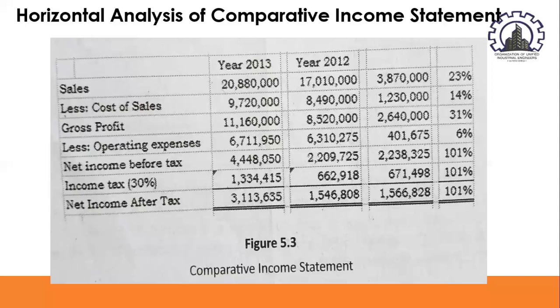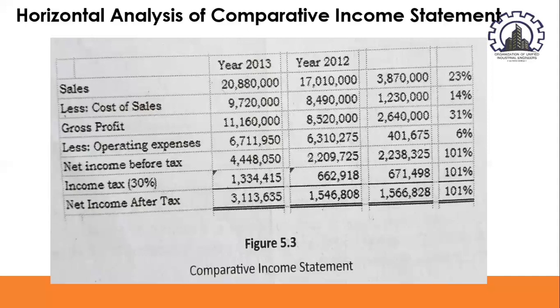And finally, the last step in order to do horizontal analysis is to get the percentage of increase. Divide the difference figure in number 2 with the base year, which is the earlier year. So in our example, in figure 5.3, divide the difference with the figure in year 2012.